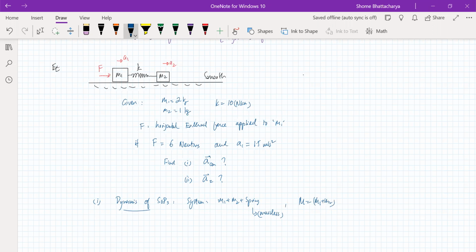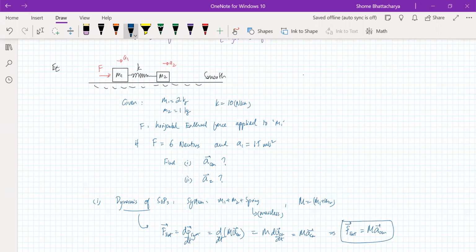When we apply dynamics, the net external force acting on the system is total mass into acceleration of center of mass.